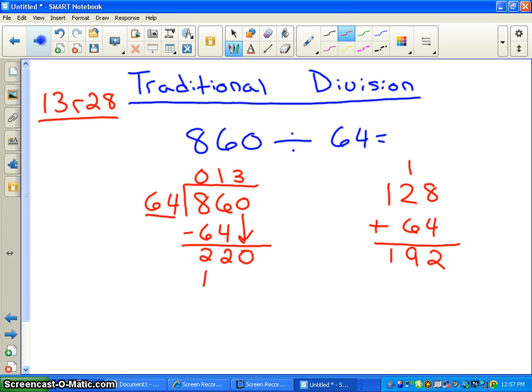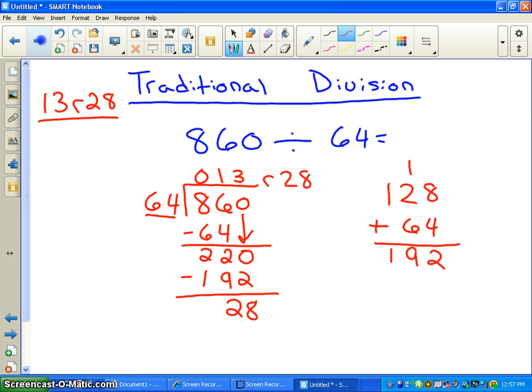So I know 192 is my answer. We know that we're going to subtract, and from there we know that it is obviously a remainder of 28. So that is how you get a remainder of 28 there with your answer of 13 remainder 28.